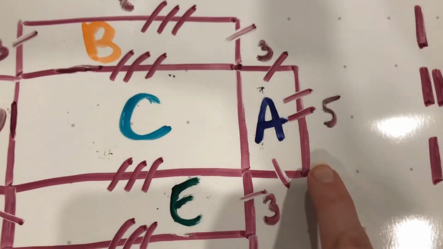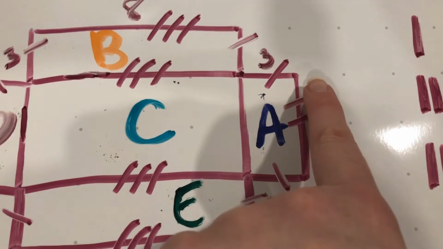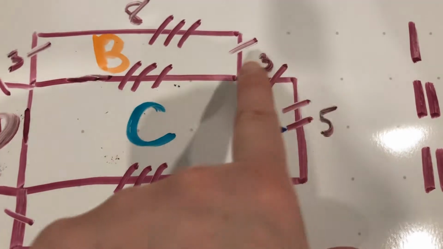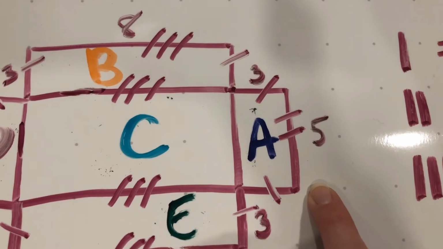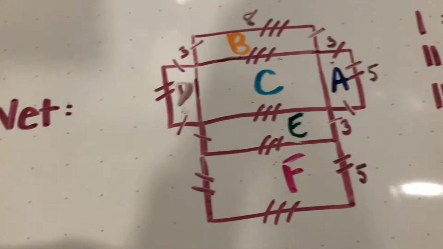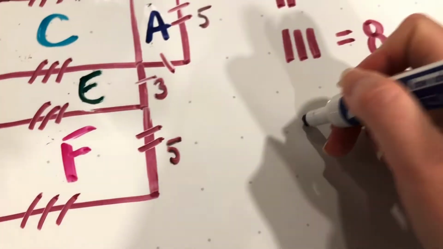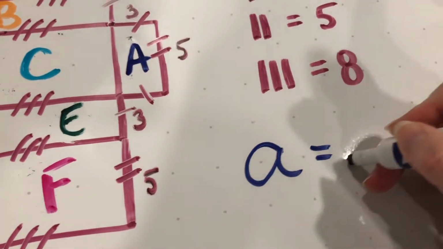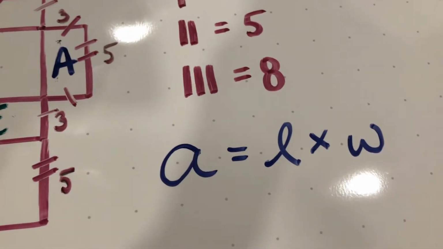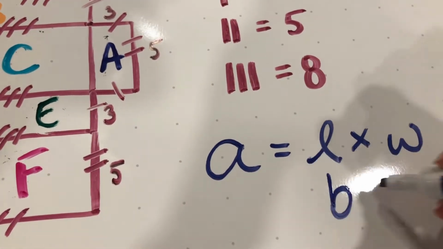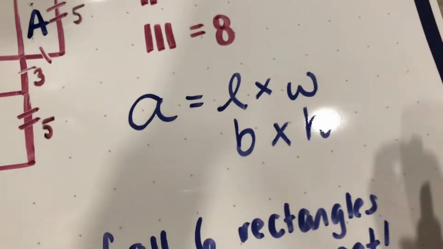If I look at A, I know that one side is 5 centimeters and the other side is 3 centimeters. We know that calculating area is the same as saying length times width, or base times height.